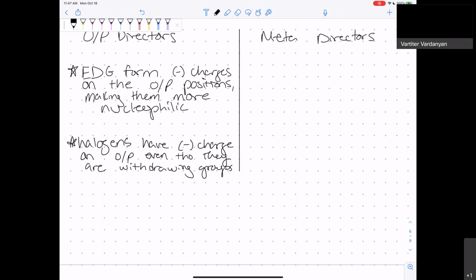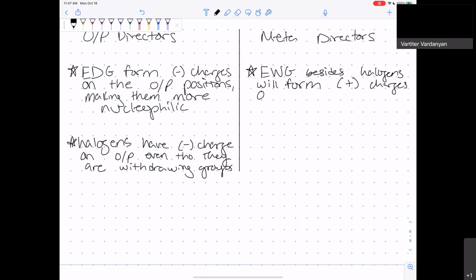And then last but not least, all electron withdrawing groups besides halogens will form plus charges on ortho/para, making them electrophilic.